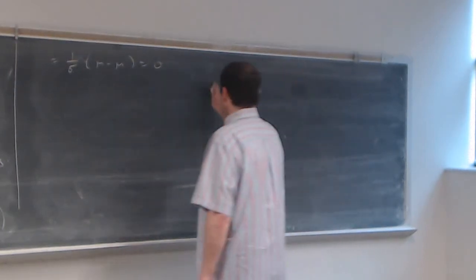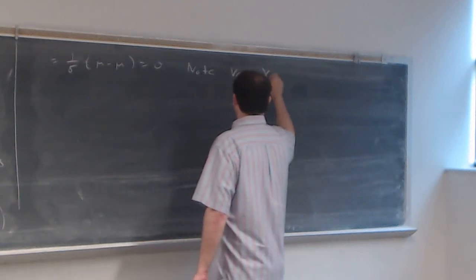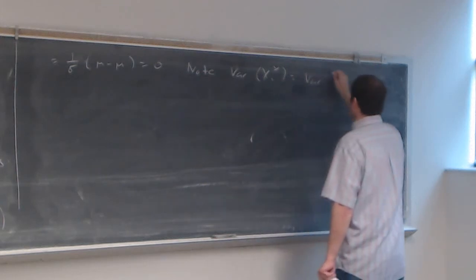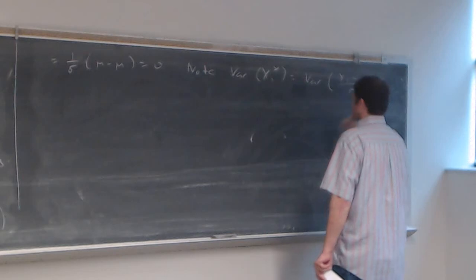Now let's talk about the variance. The variance of x sub i star is equal to the variance of x sub i minus mu over sigma.